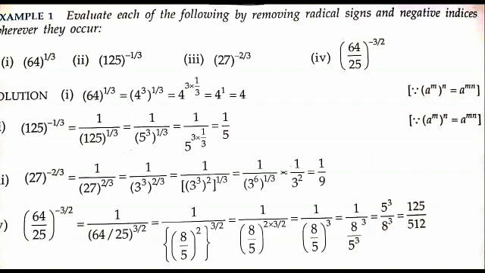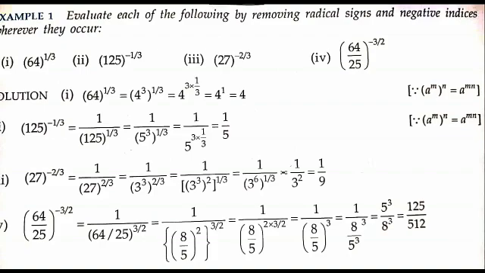So we can write 64 as 4 to the power 3 and whole to the power 1 by 3. Using the law, a to the power m whole to the power n is equal to a to the power m into n, we can write 4 to the power 3 into 1 by 3, which gives 4 to the power 1, and finally it is equal to 4.